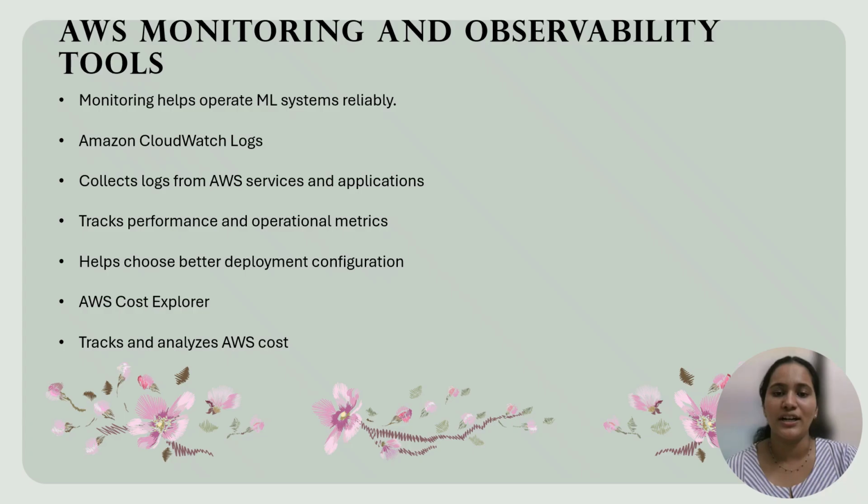Then is the monitoring and observability tools. They are essential for keeping machine learning systems reliable and efficient after deployment. AWS CloudWatch Logs collects log data from AWS services and applications, making it easier to troubleshoot issues and understand how the system is performing.